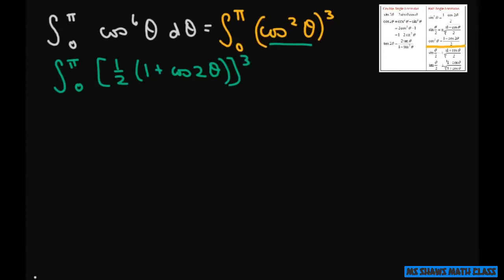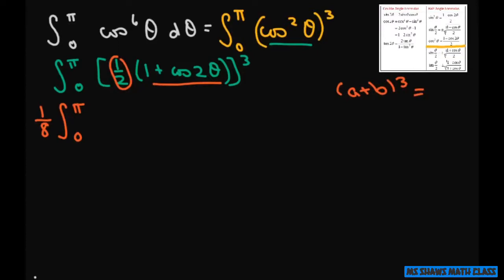All right. Now what I can do is cube this 1/2. That's 1/8 and pull it out. And now I just want to deal with this cubed. Now basically this has the form a plus b cubed.